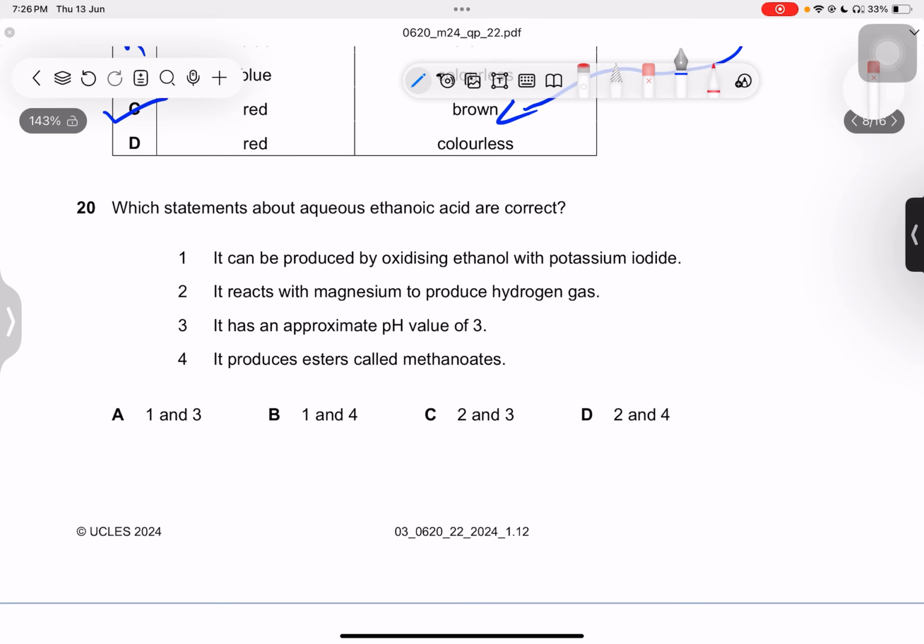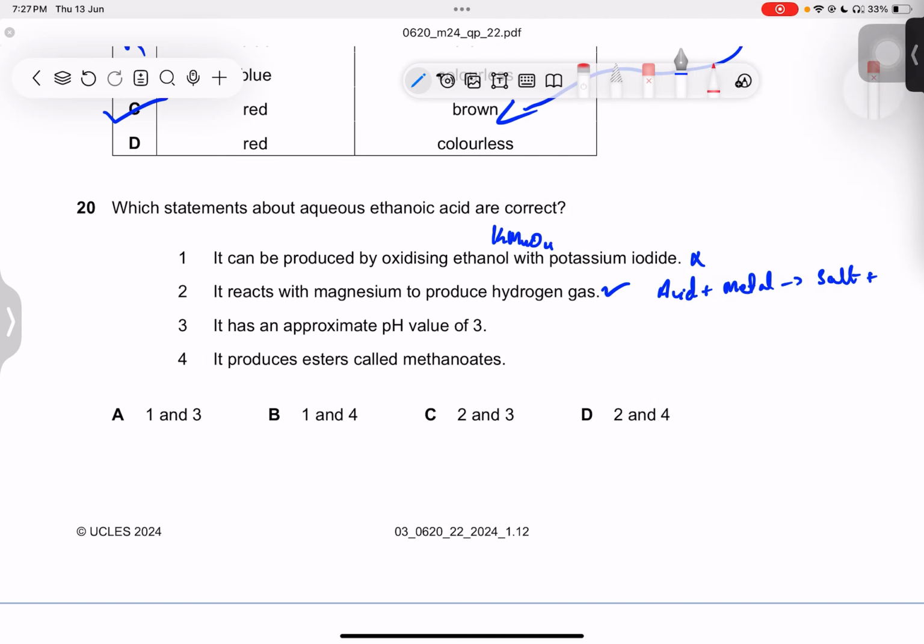Which statements about aqueous ethanoic acid are correct? It can be produced by oxidizing ethanol with potassium iodide. No. Ethanol is oxidized by KMnO4. It reacts with magnesium to produce hydrogen gas. Yes. Acid plus metal produces salt plus hydrogen.